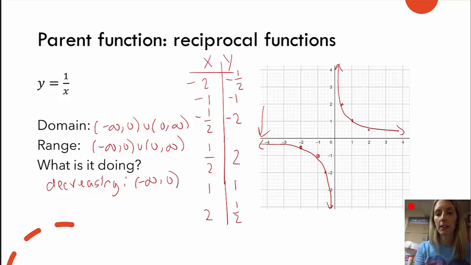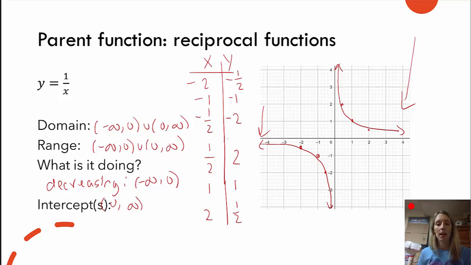And then over here, it is also decreasing. Whoa, this is just a big fat decreasing graph. So it's also decreasing from 0 to infinity. It's forever decreasing no matter what happens. Unless you plug in 0, in which case the graph will explode or something. I don't know about that, but we can't plug in 0.